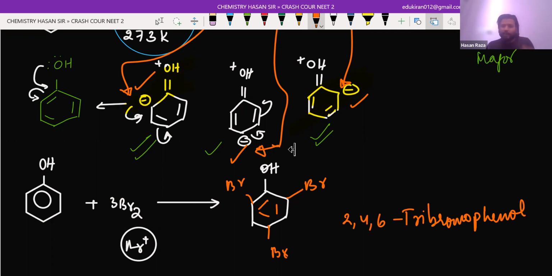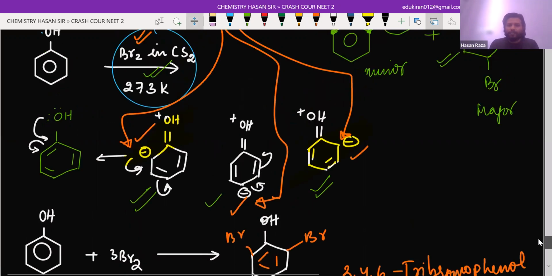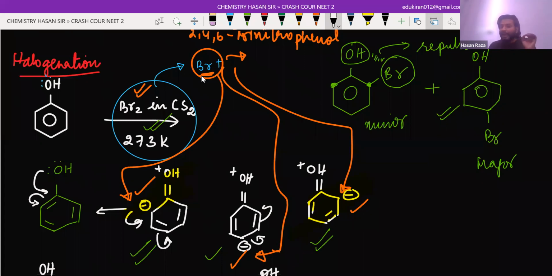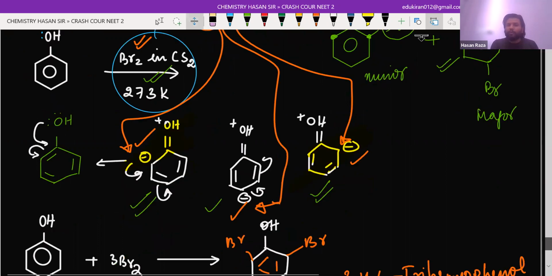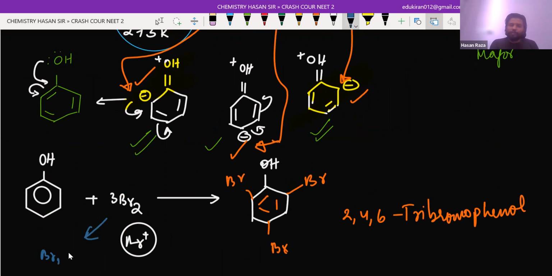So again, I'm going to repeat: with the reagent Br2 in CS2, you generated only one Br plus. So it will go either at ortho or at para because those are the electron rich sites. But when you use bromine water, there is a lot of Br plus, and Br plus is an electrophile.